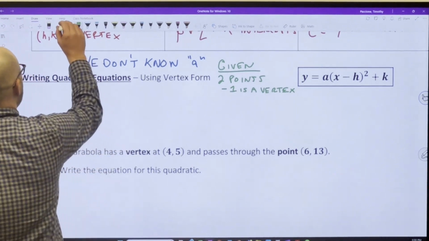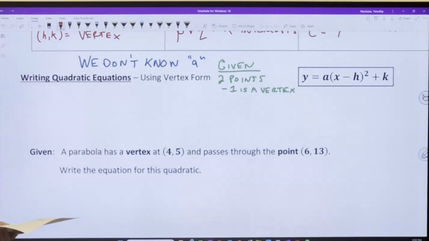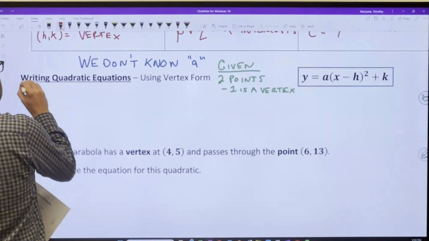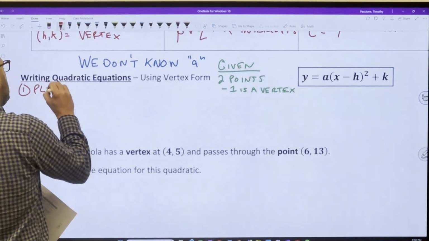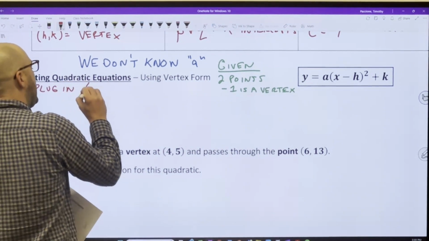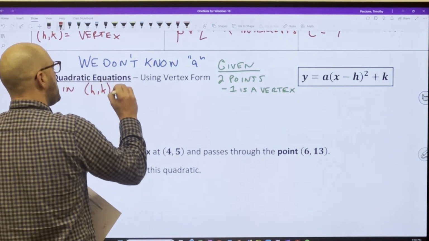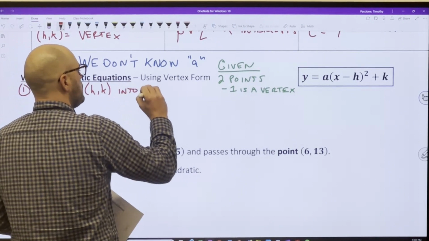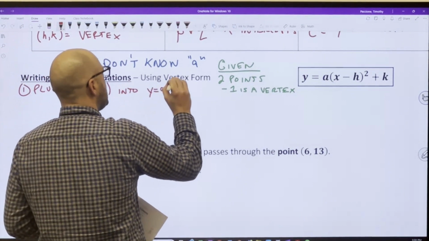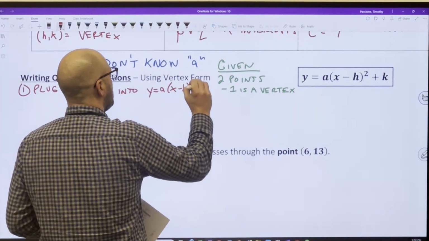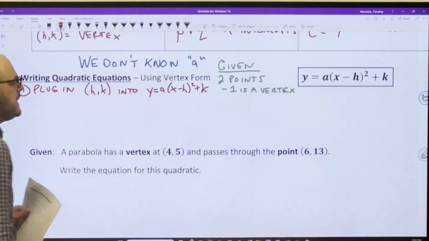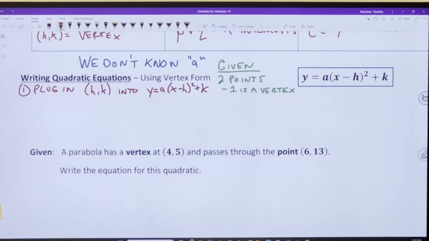All right, so here are your steps for writing equations using vertex form, and then we'll do some examples. Okay? First step is plug in your HK into y equals a times x minus h squared plus k. Right? You plug in the HK that you're given into that.